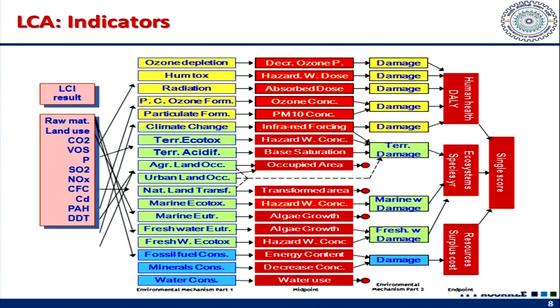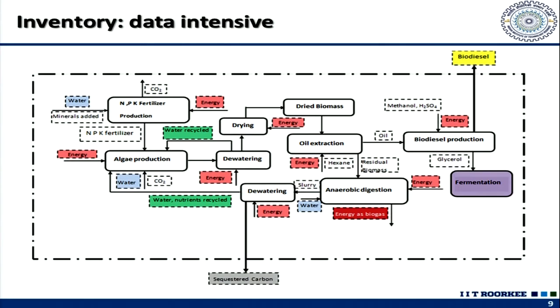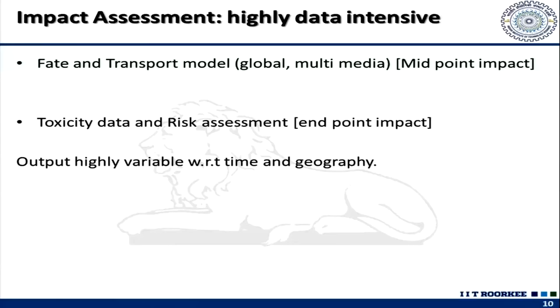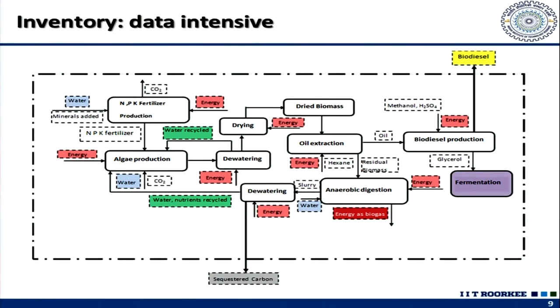The next one is the inventory analysis, how inventory analysis is done. This particular diagram shows a very random example, producing biodiesel, and for making biodiesel you have a number of processes going on, and this process list is not exhaustive either.